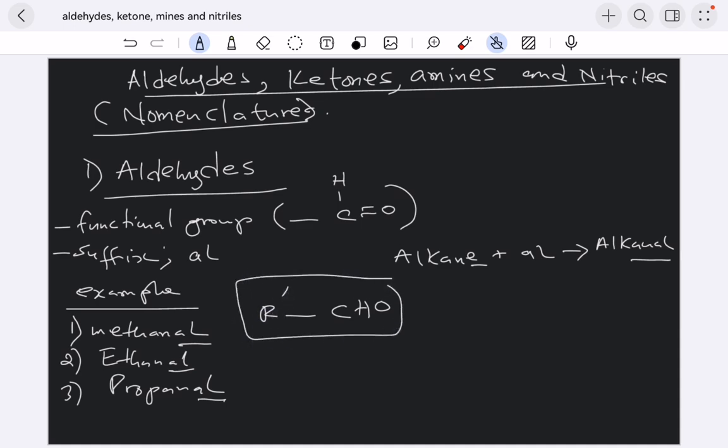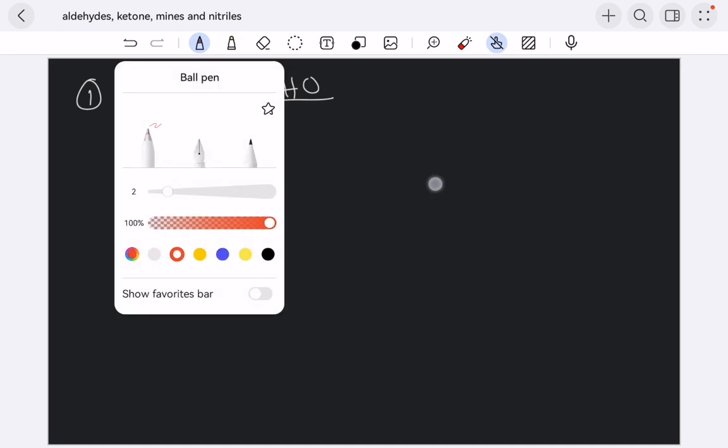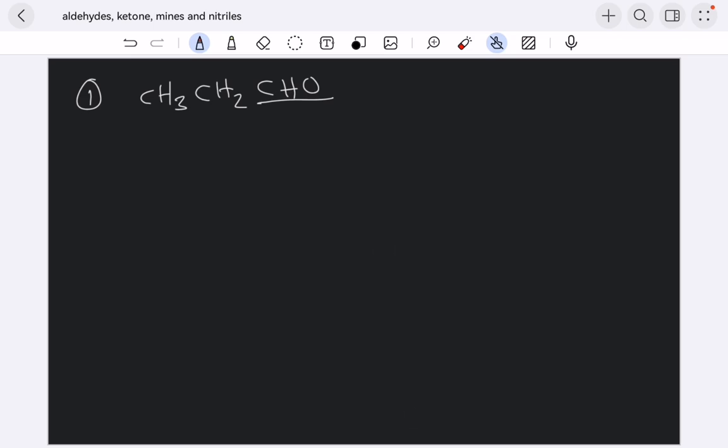Let's look at some examples of how we can name these particular compounds using the IUPAC. Let's look at a compound such as CH3, CH2, then CHO. So remember, these stand in as a functional group. To name this, we just have to count the number of carbons starting from the functional group.